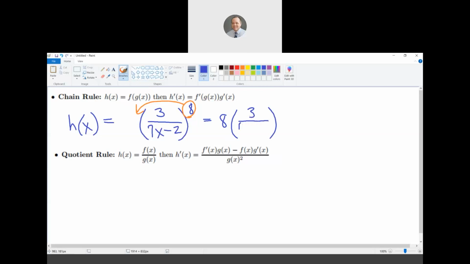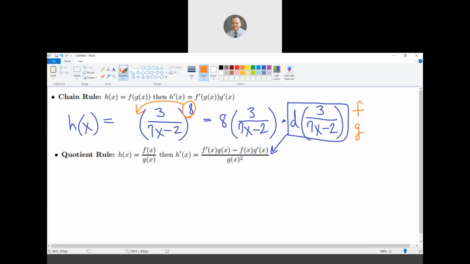Don't take the derivative yet. Times now the derivative of your fraction. Now this part here, we're going to work out down here, in which your numerator is your f and your denominator is g.